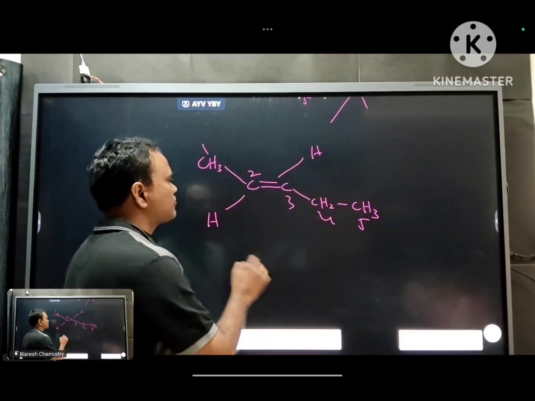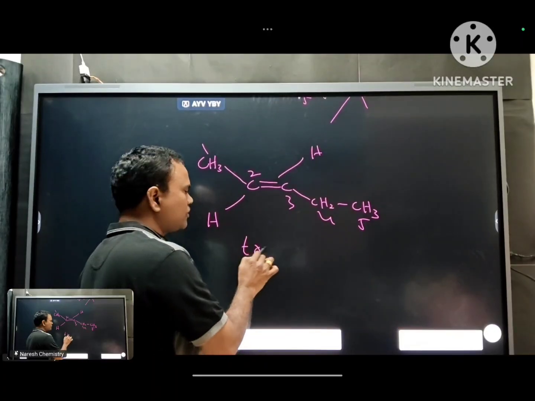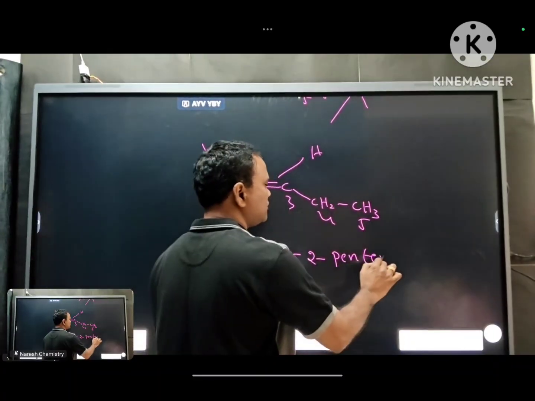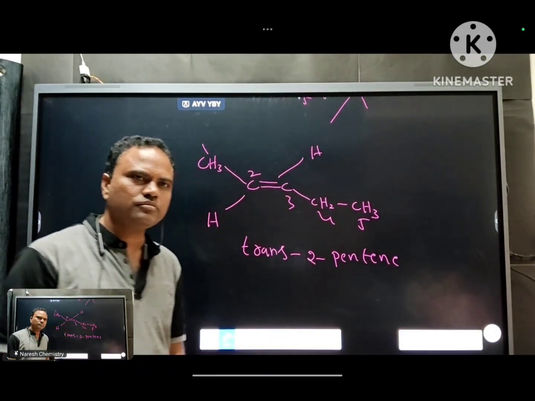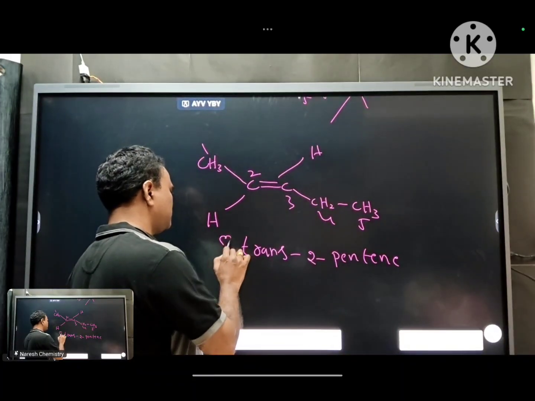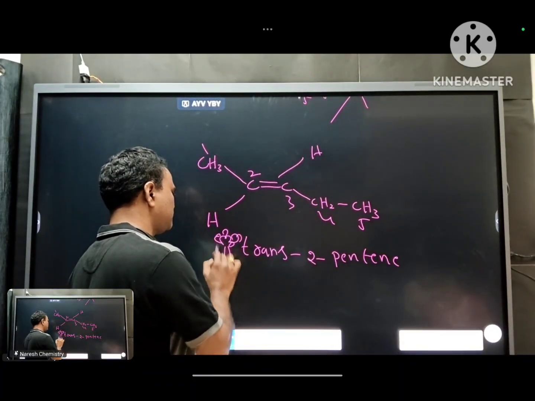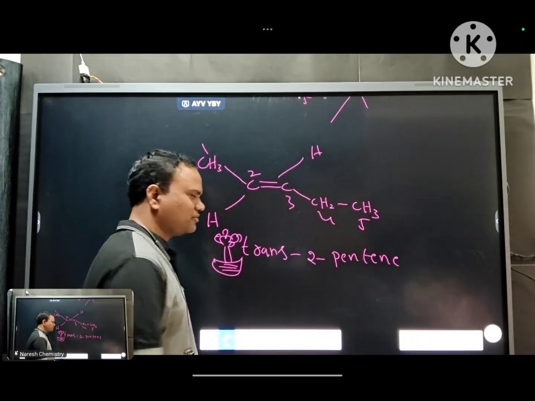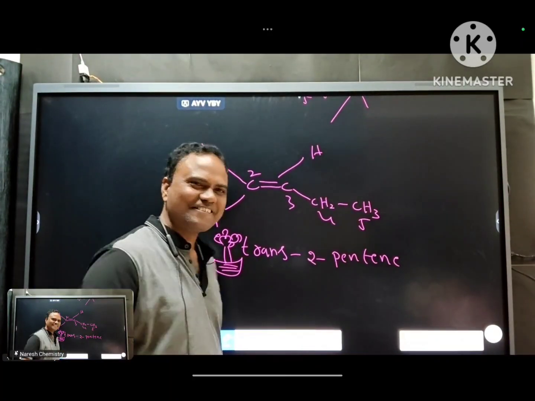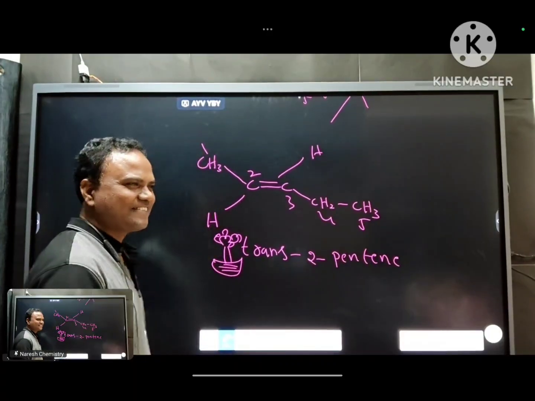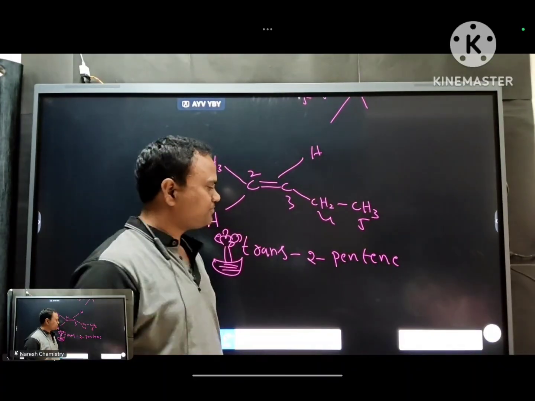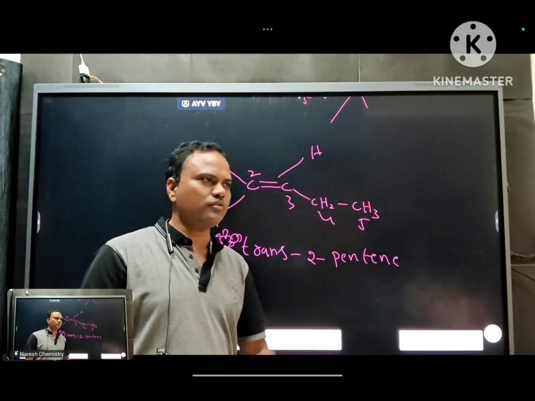Trans-2-pentene. Now it is okay. Very easy. Next question for you. Try the last one and go to alkynes.